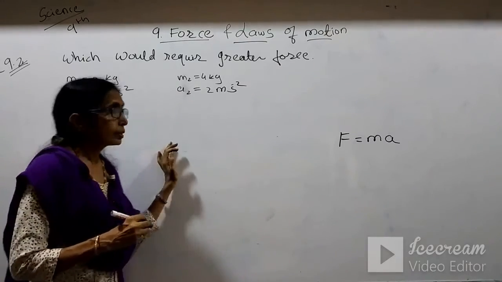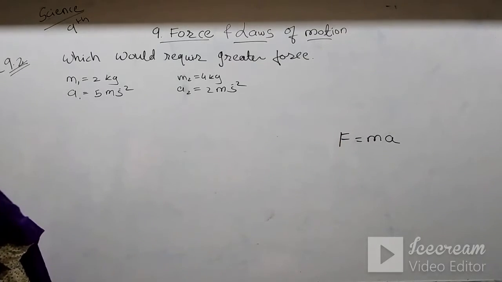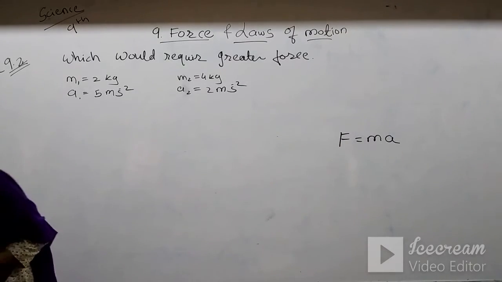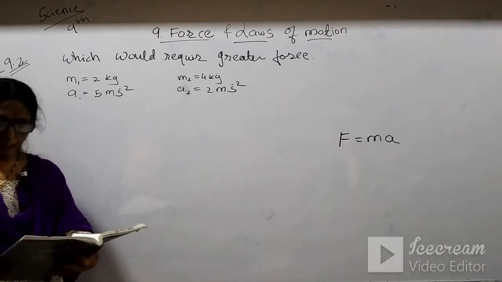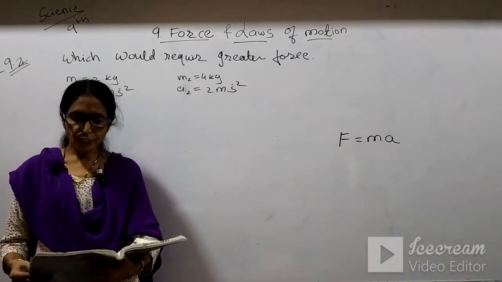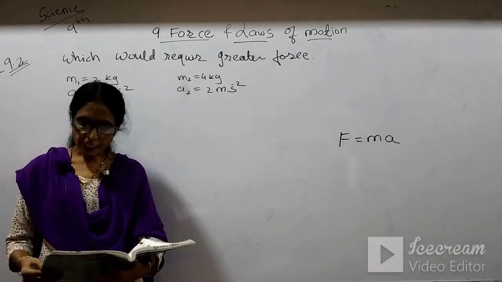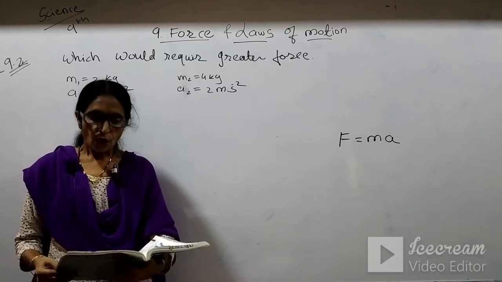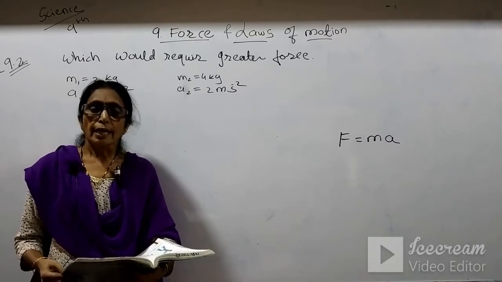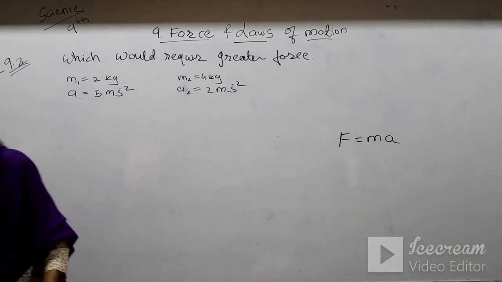Example number 9.2, which is given in your textbook, page number 121. Which would require a greater force: accelerating a 2 kg mass at 5 meter per second raised to minus 2, or a 4 kg mass at 2 meter per second raised to minus 2?